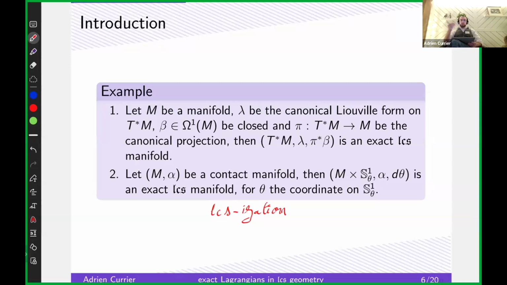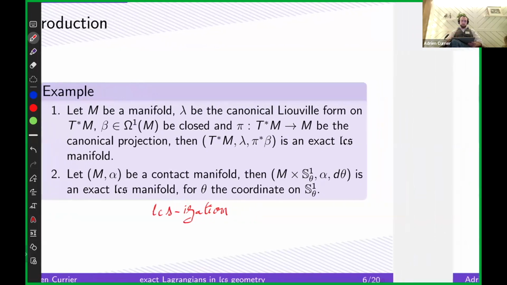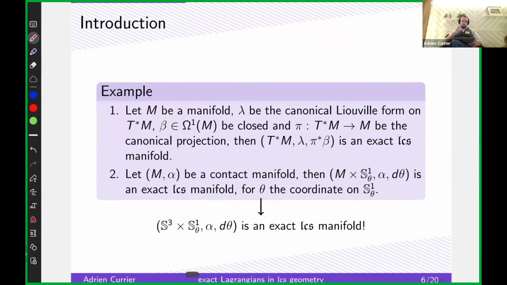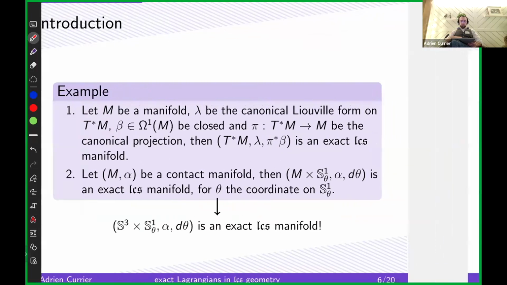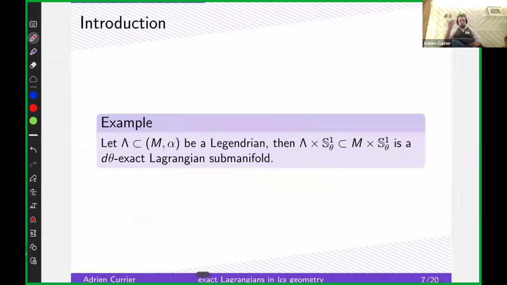And to be a bit more explicit with this example, this means that S3 cross S1 is actually going to be an exact LCS manifold. Now keep in mind that S3 cross S1 has no symplectic structure. So this whole LCSization process also gives us examples for Lagrangians.